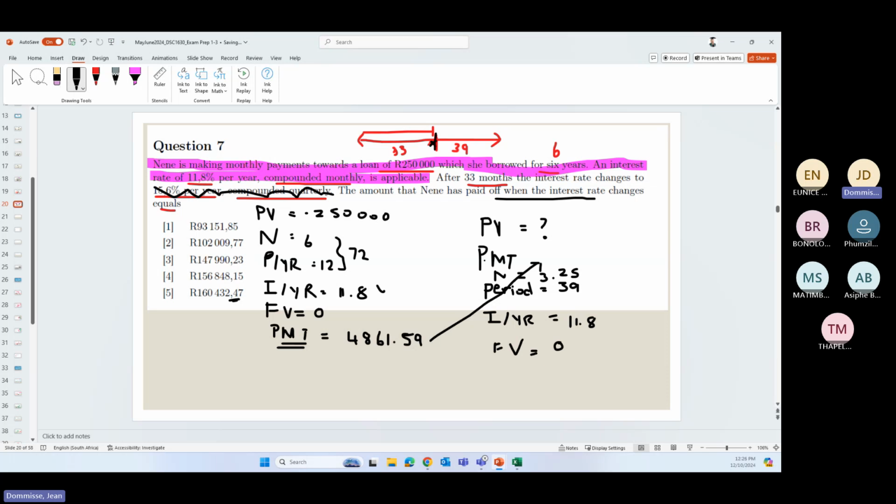So my present value at that point is 156,848.15, which is also there. So those two we were able to get via other numbers. So that's the present value at that point.